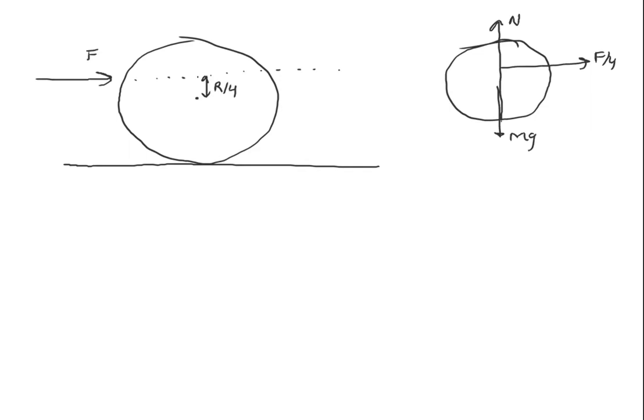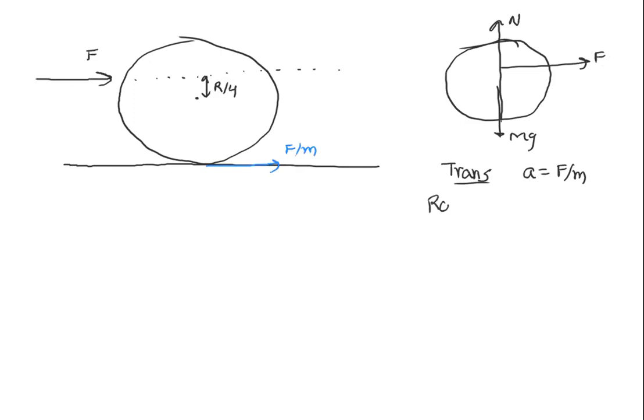I've not drawn any friction. So for translation, a is equal to F by m. So this point has an acceleration F by m.